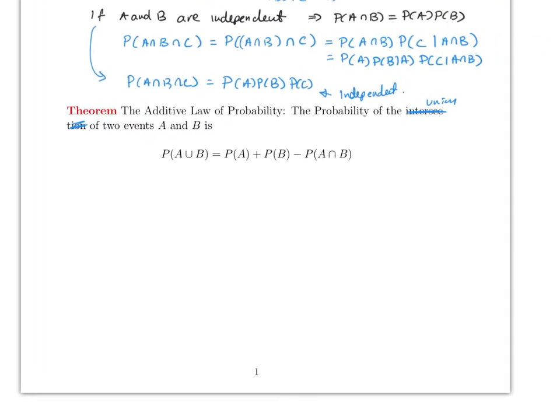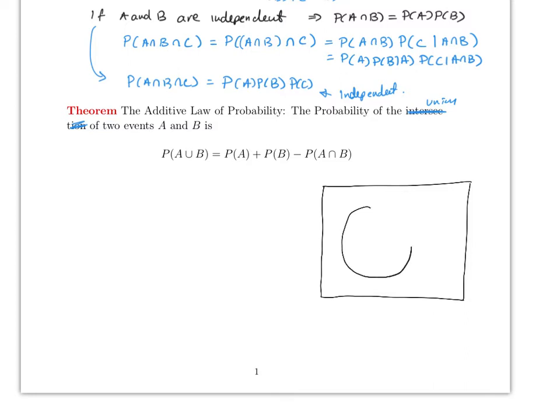Remember, you have the sample space, and then you have the two events, and they intersect. The union will be whatever is in both circles. So notice how the intersection is technically added twice, so that's why I had to subtract it once.